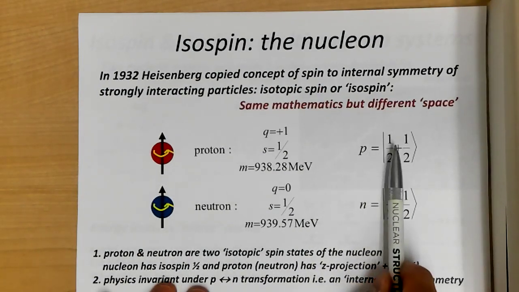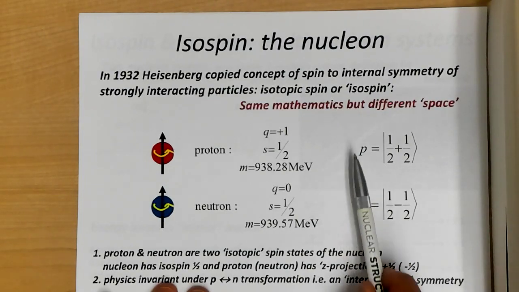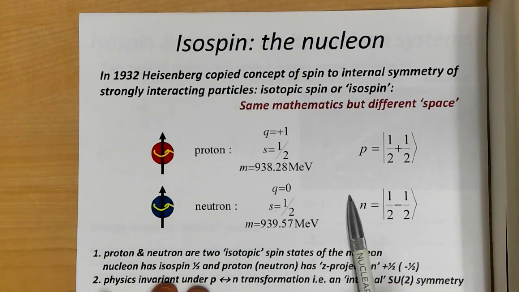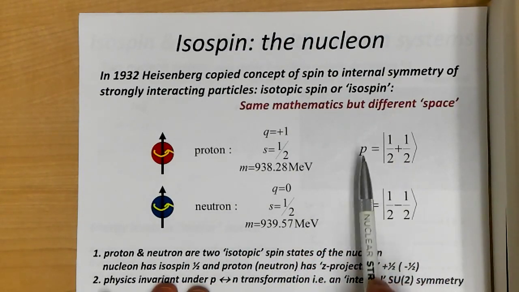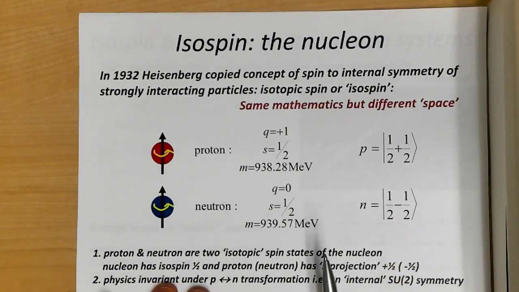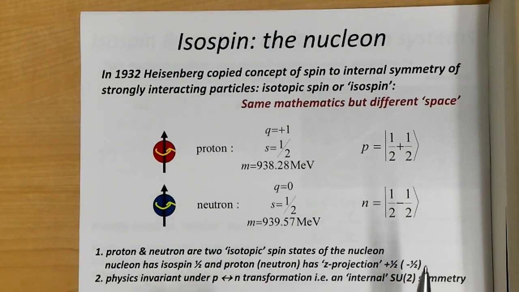So these guys together, these nucleons collectively, belong to an isospin 1/2 system, where the plus 1/2 is the proton and the minus 1/2 is the neutron, where isospin up is the proton and isospin down is the neutron.